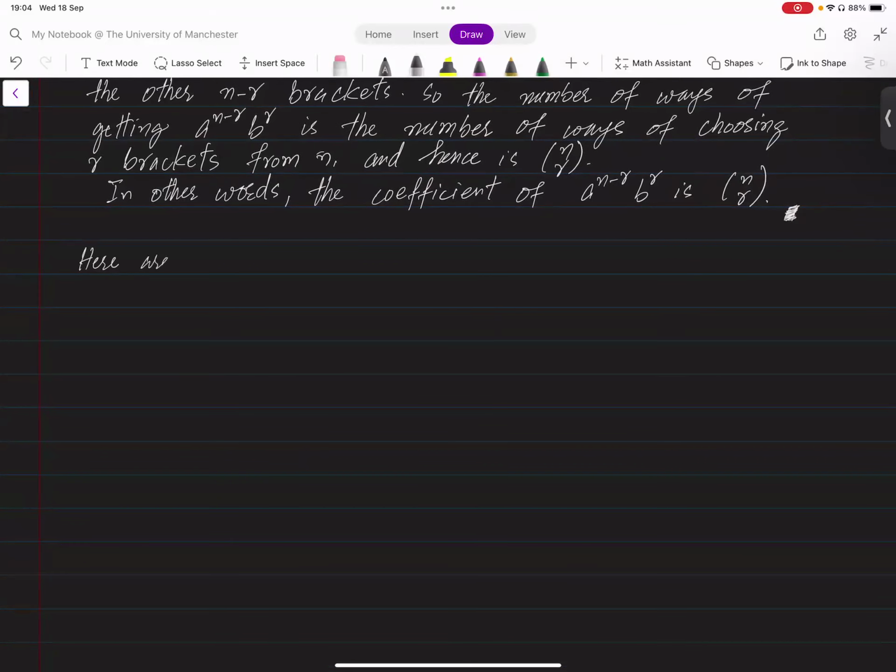Here are the first few cases of the binomial theorem. So let's say (a plus b) power 0 is 1.